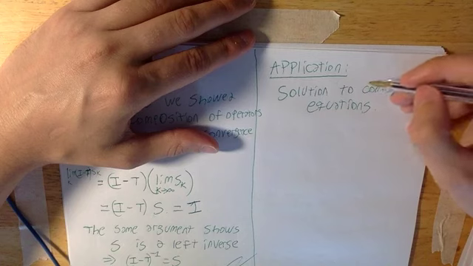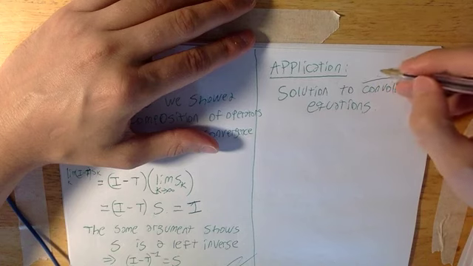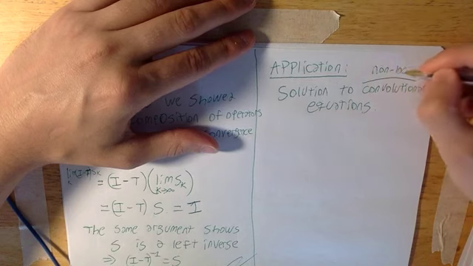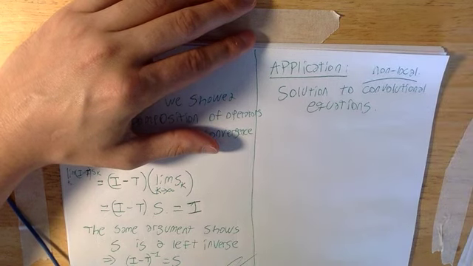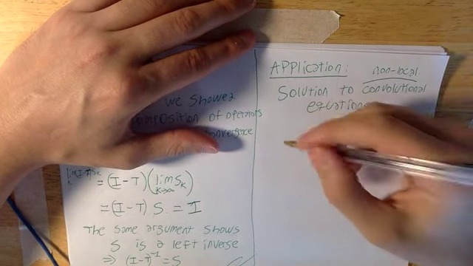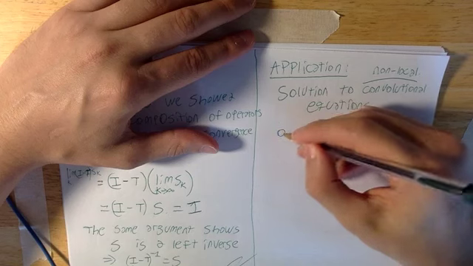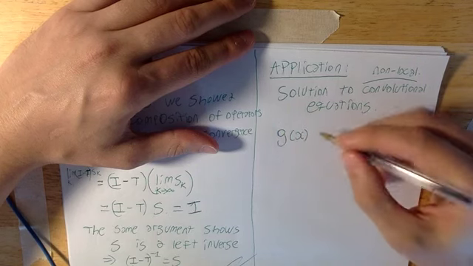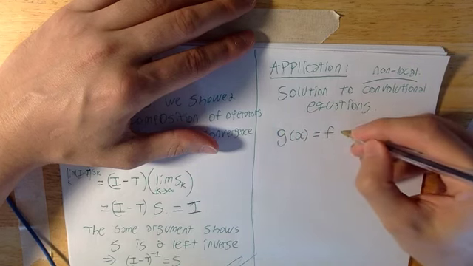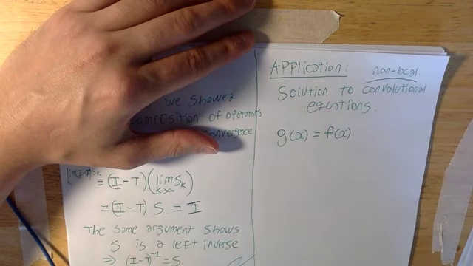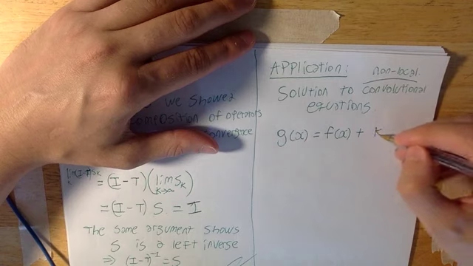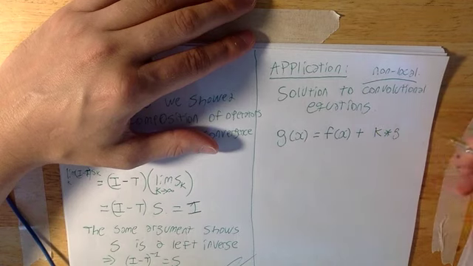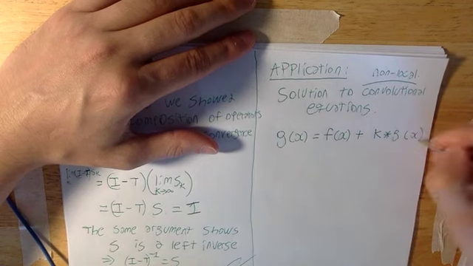And these sometimes are called non-local. Okay, and I'll show what we mean by non-local. So let's say that we want a solution to the following problem. g of x is equal to f of x plus the convolution of k with g at x.